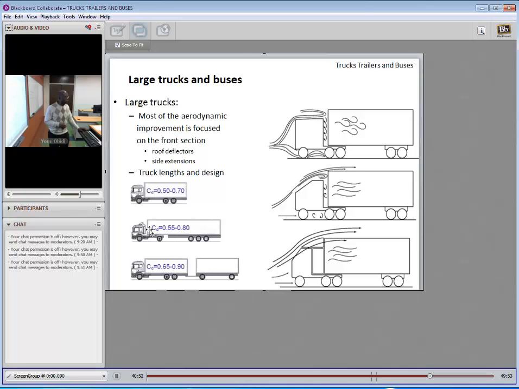So it's more economical and aerodynamically more beneficial to have this one long piece than to have coupled trailers whenever possible, because there's an increase in aerodynamic drag from this design of the same capacity as this.